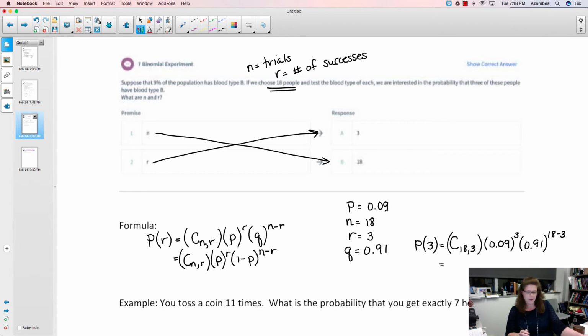Putting this combination in my calculator, I have the combination of 18 and 3. If you haven't figured out how to get this out of your calculator, make sure you ask Google after you finish watching this. So it's 816, and then I'm going to put these in my calculator all at once, but I'm going to simplify a little here: 0.91 to the 15th.